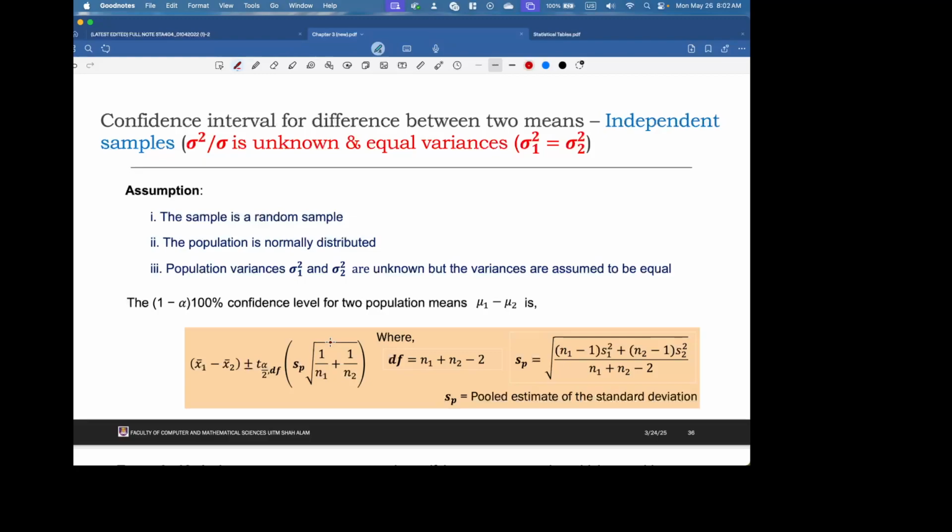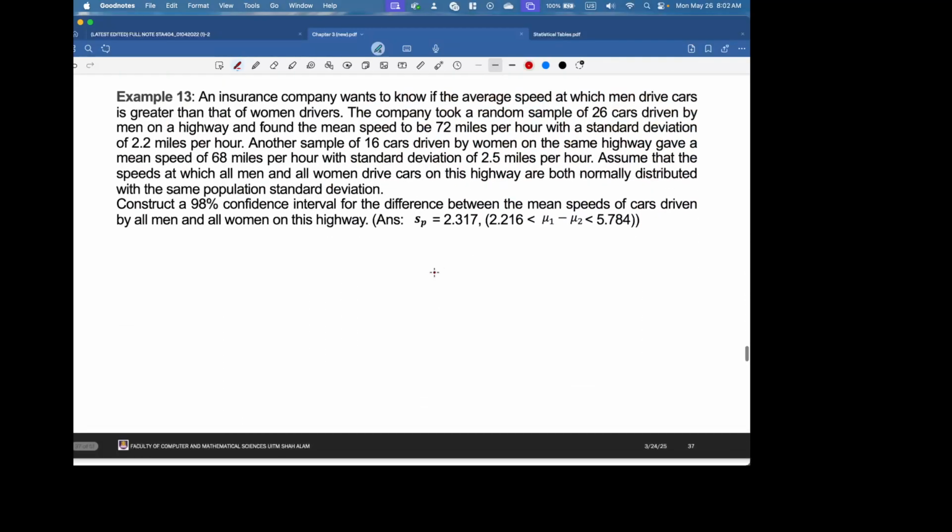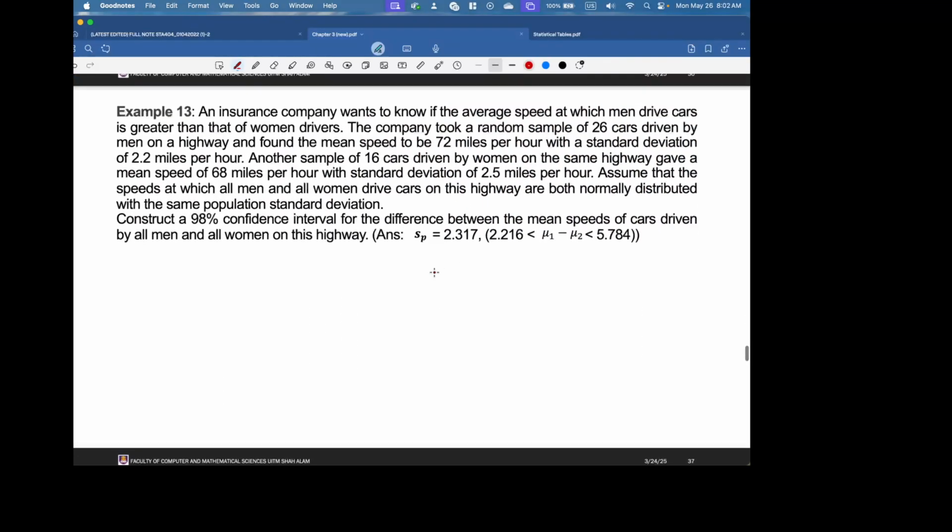In the formula you need to calculate Sp, and this Sp has another formula, which is this one. So you need to be very particular about the steps for calculating the confidence intervals.